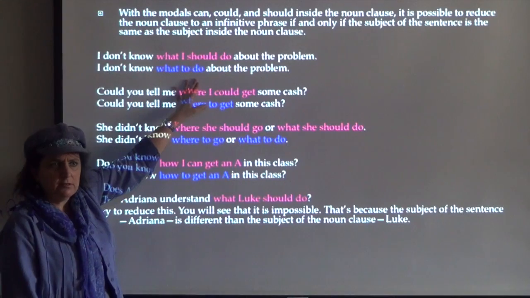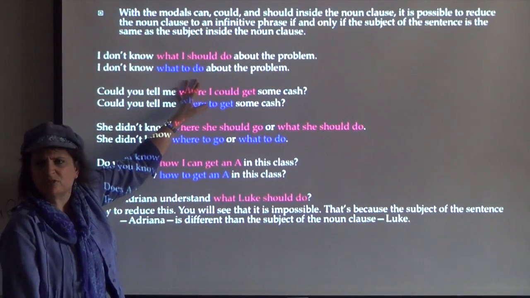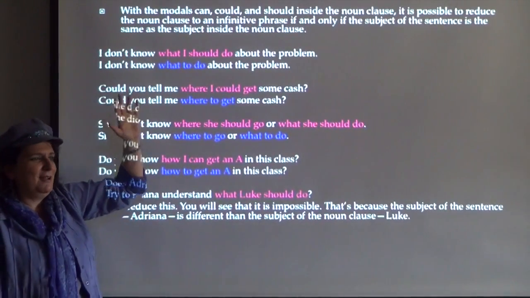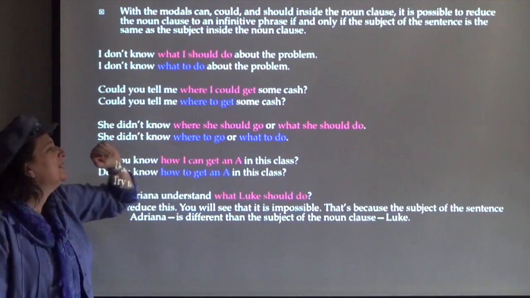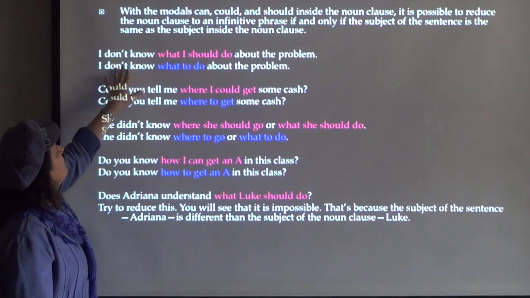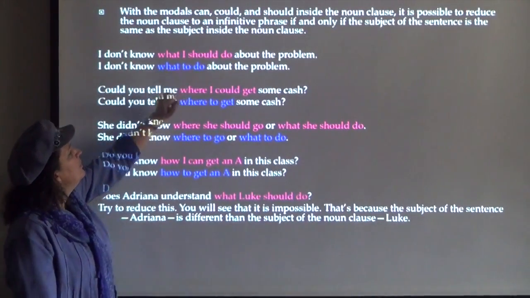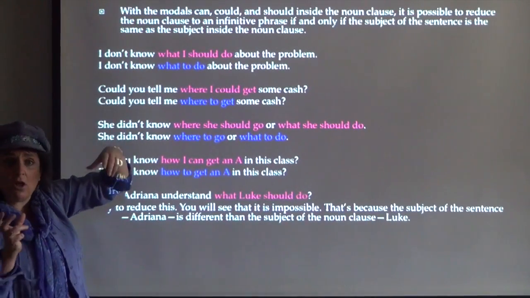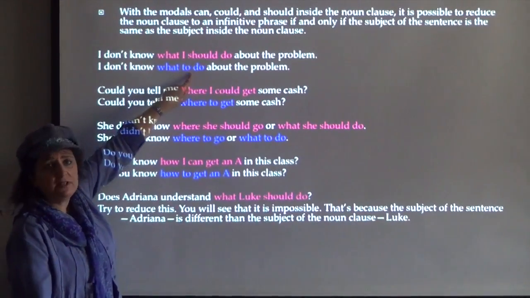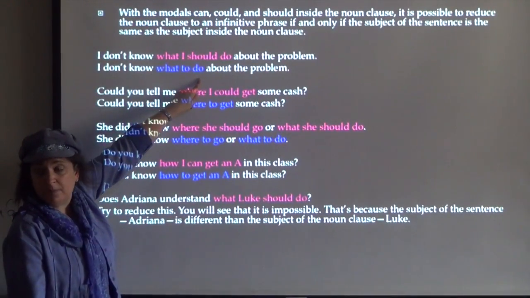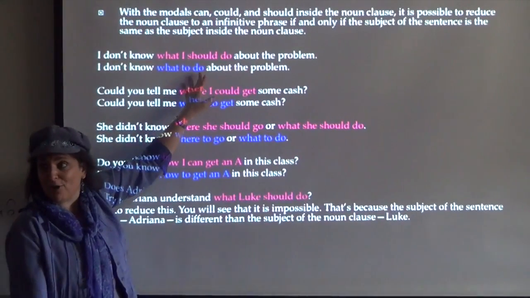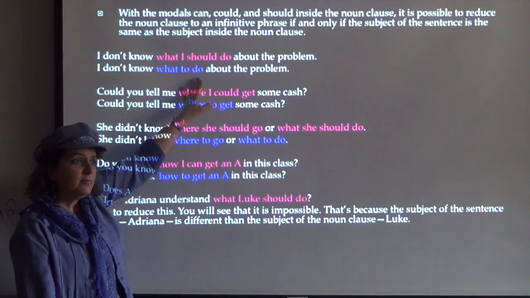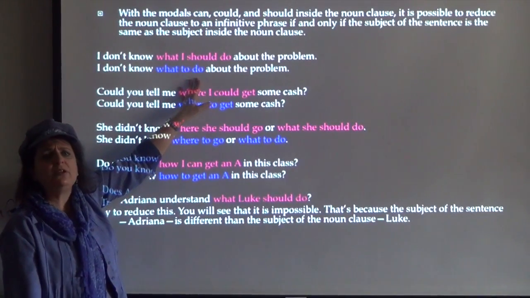And we should reduce it, because reduction is faster, better. This is easy. I hope I am not making it more complicated than it is. Look at my examples. I don't know what I should do about the problem. We can reduce that noun clause to an infinitive. Here's my infinitive: I don't know what to do about the problem. That's a reduced noun clause. I have this problem. I don't know what to do about it.